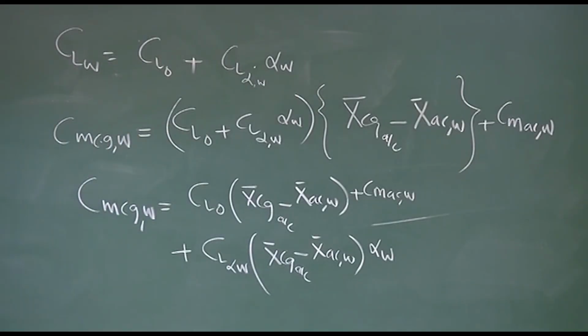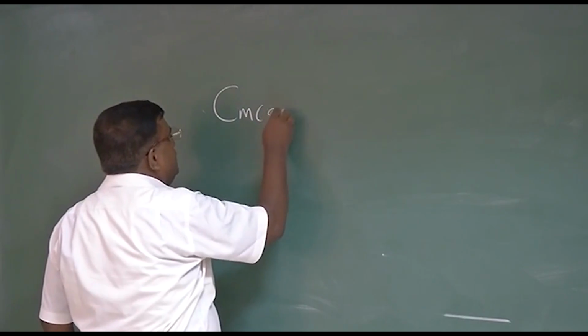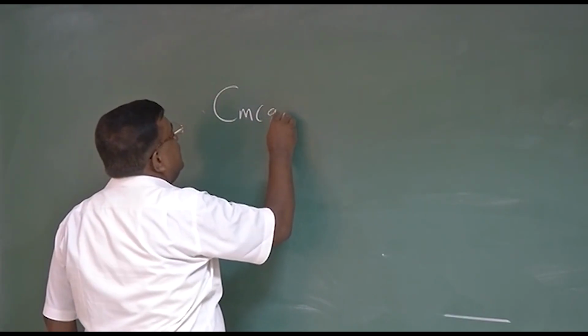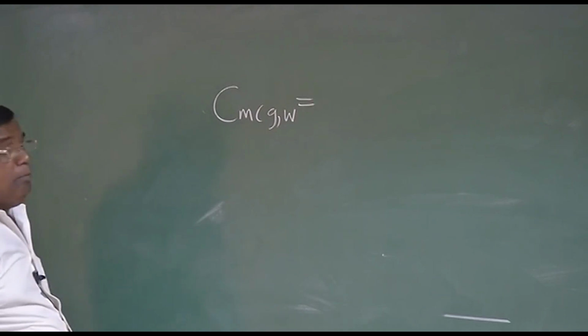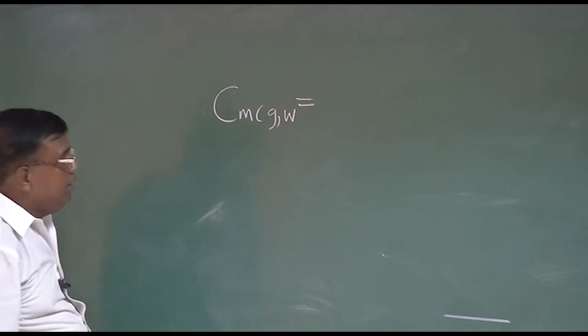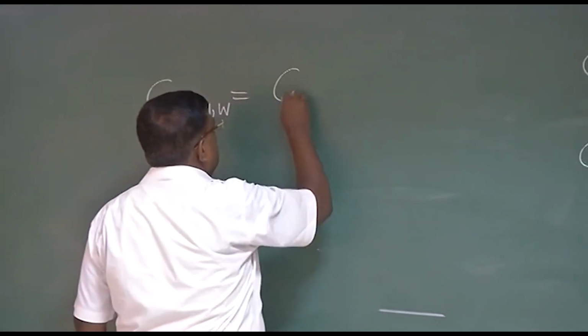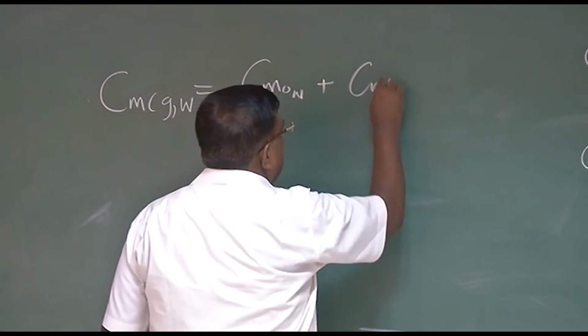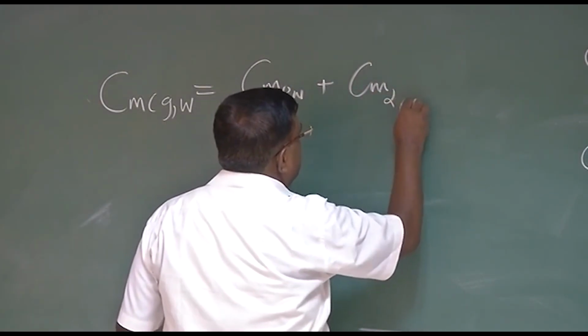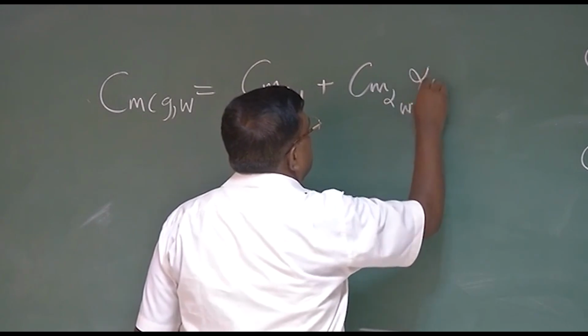Look at this expression clearly. I can now write this as Cm about CG of the aircraft because of the wing. I can write as Cm naught wing plus Cm alpha wing into alpha wing.